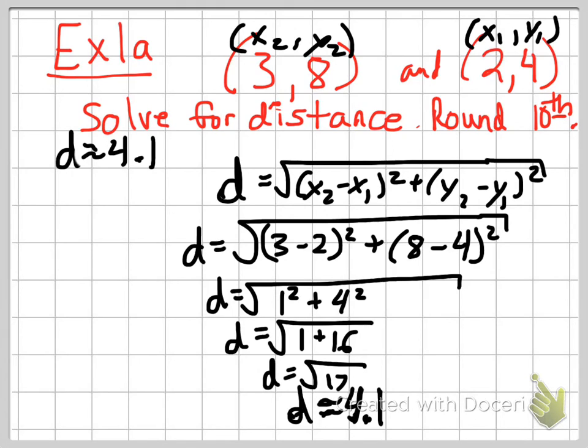Alright, so you can use this distance formula in order to solve geometry problems such as finding area or perimeter. So we're going to do that. Example 2, finding area and perimeter.